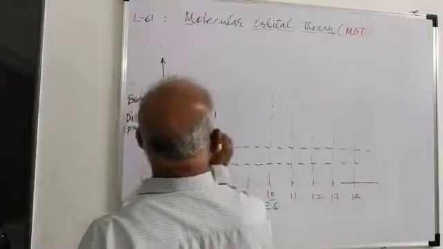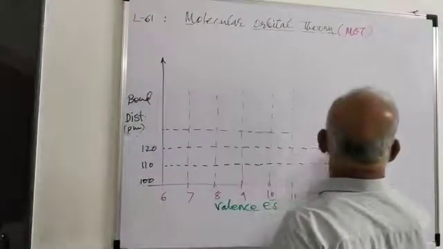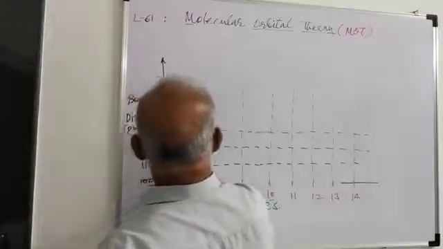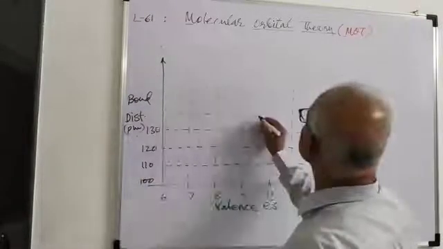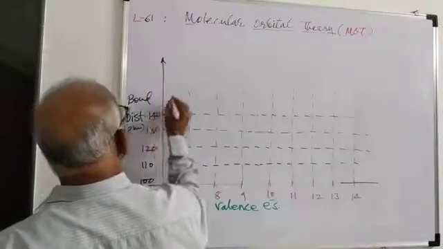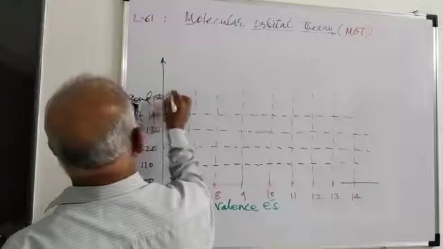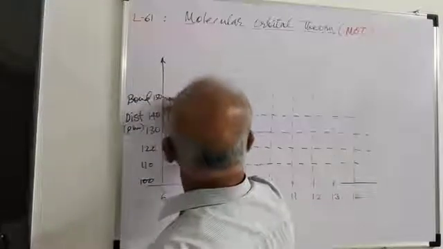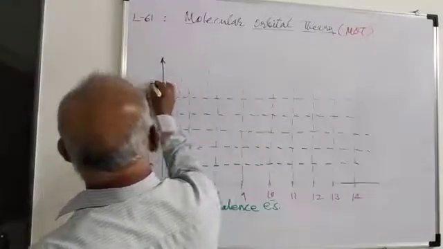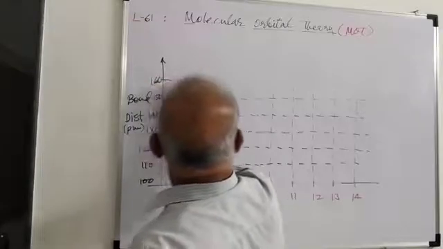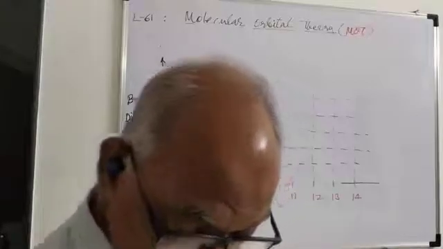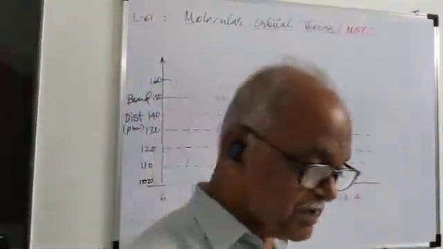Then this is 130. This is 140. Here it is 150, and 160, like this. Now we can plot these values.